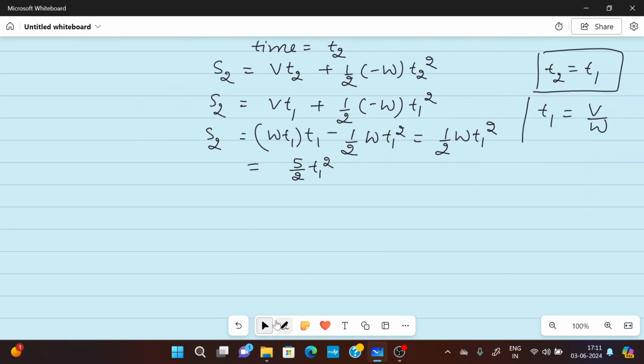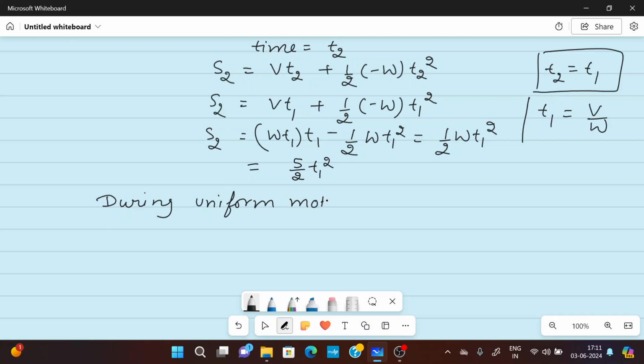Now we'll find out the displacement during uniform motion. Let us denote it by S3. During uniform motion, displacement is equal to S3. Now displacement during uniform motion is equal to velocity into time.